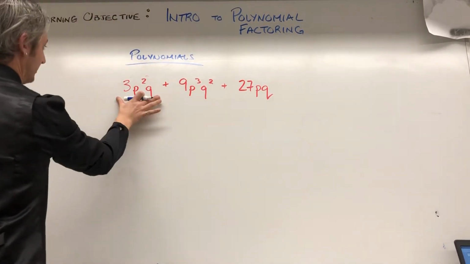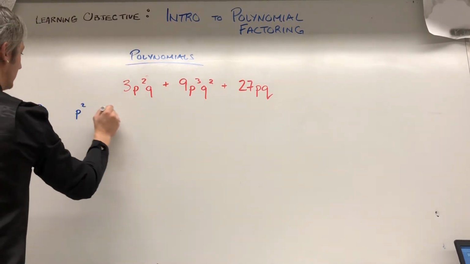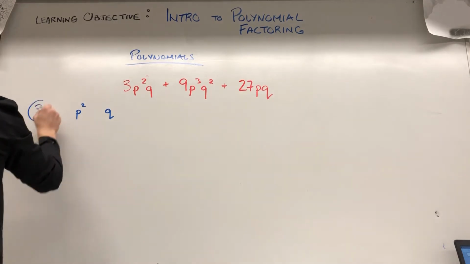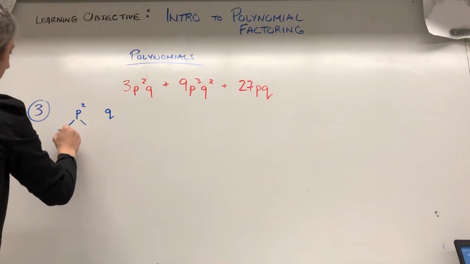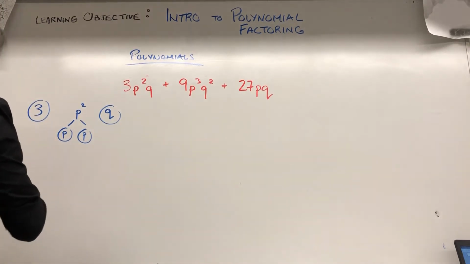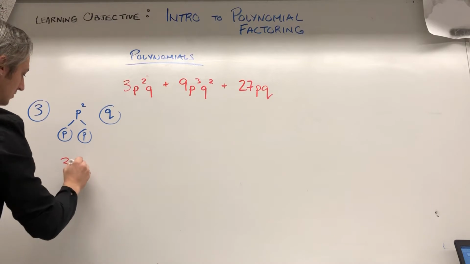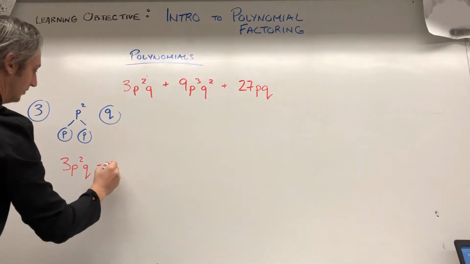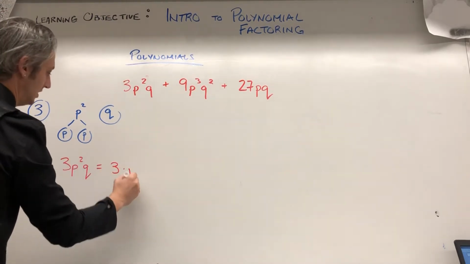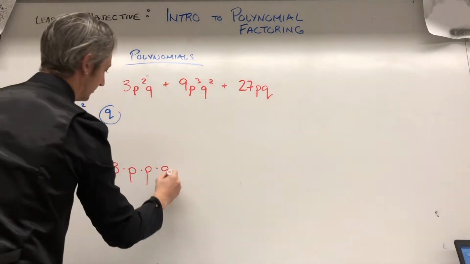So I look at my first term here. So I have 3p²q. 3 is already prime. p² is 2 p's. q is already prime. So 3p²q factors down to 3 times p times p times q.